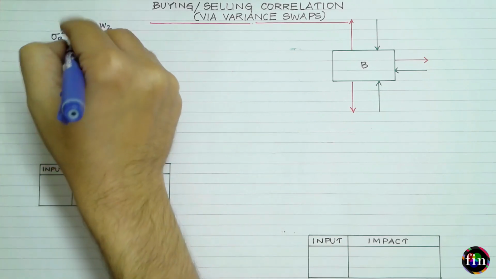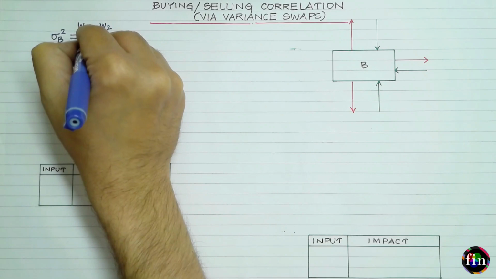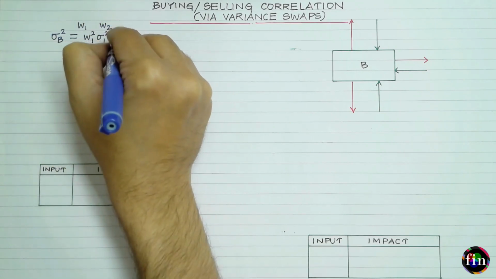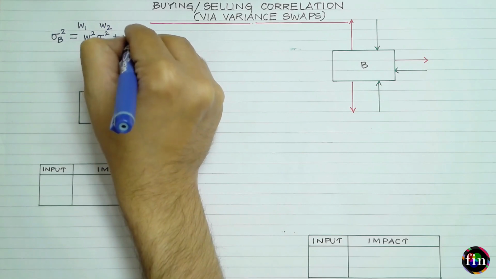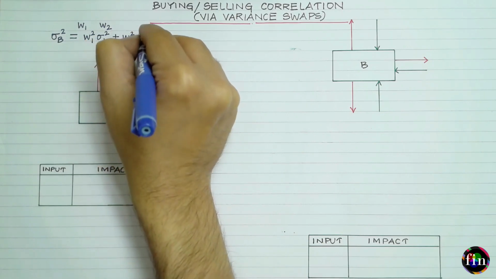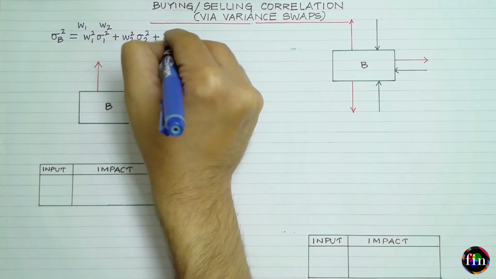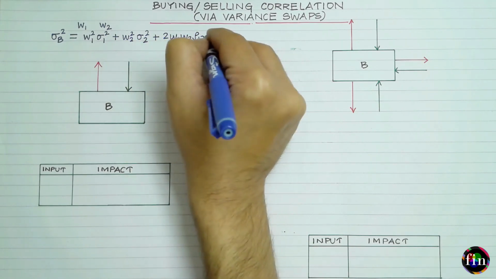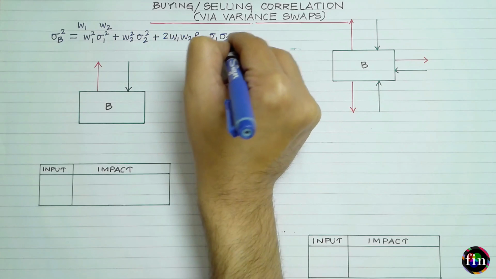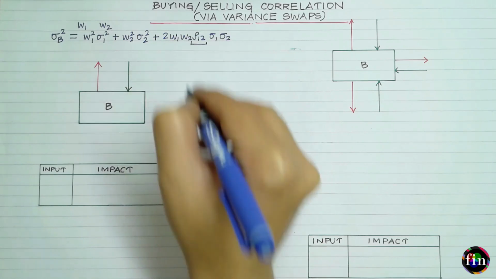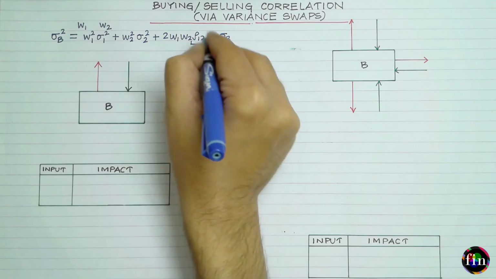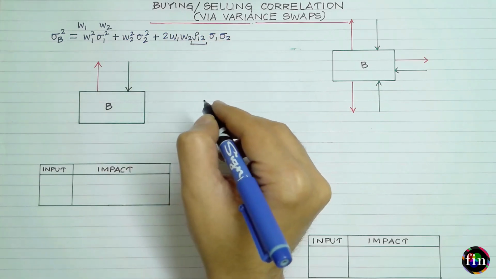So the variance of my basket very simply is W1 squared sigma 1 squared plus W2 squared sigma 2 squared plus 2 W1 W2 rho 1 2 sigma 1 sigma 2, and it is this rho 1 2 that I am after. I need a trade which gives me a gain when this rho 1 2 goes up.